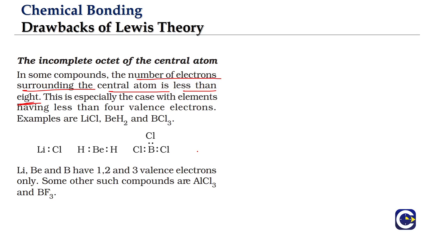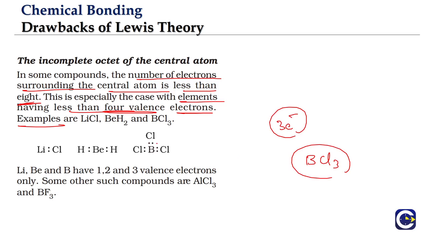This particularly happens where the central atom has less than 4 valence electrons, like BCl3. Boron, after the formation of 3 bonds, will have 3 shared pairs, and when you count the overall number of electrons on boron, it will be just 6.